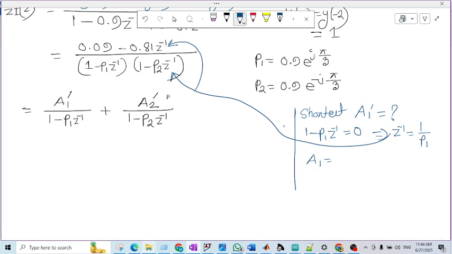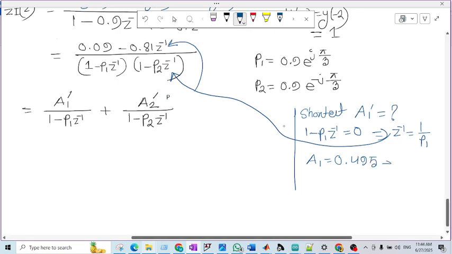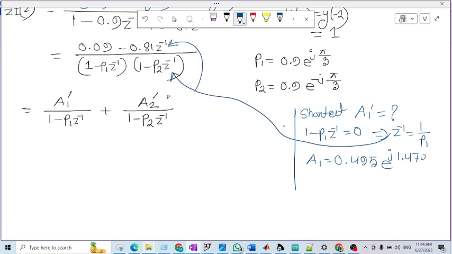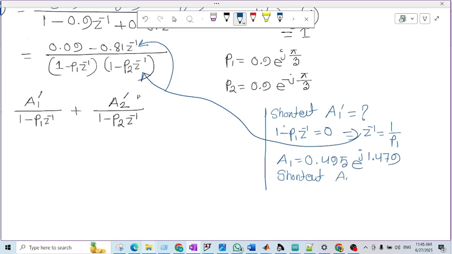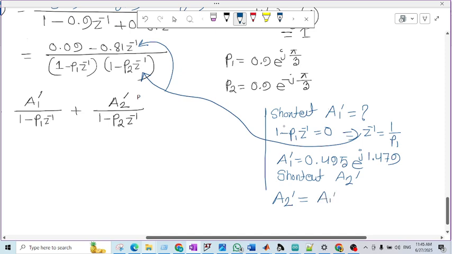Okay, so I get, after putting the value, 0.495 e to the power j 1.479. Then if I use the shortcut again for a2 prime, you will see that a2 prime is simply the conjugate of a1 prime.